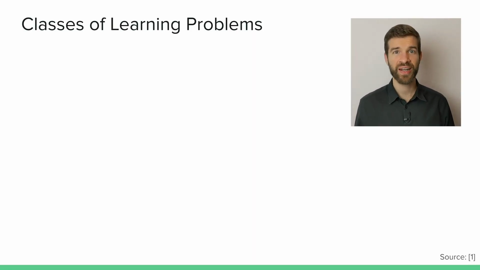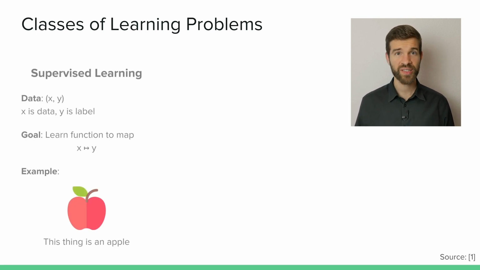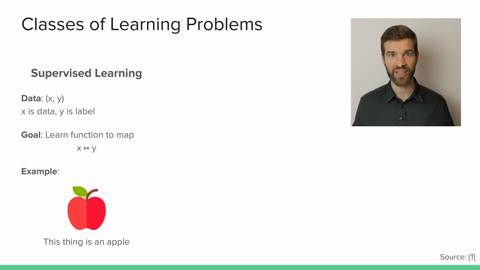There are a bunch of classes of learning problems. Some of them we've already talked about before. The first class is so-called supervised learning, which is what we've done most of the time so far. Whenever we're doing image classification or object detection, what we have is our data, which consists of the input itself, X, and the target label Y, which we want to map to.